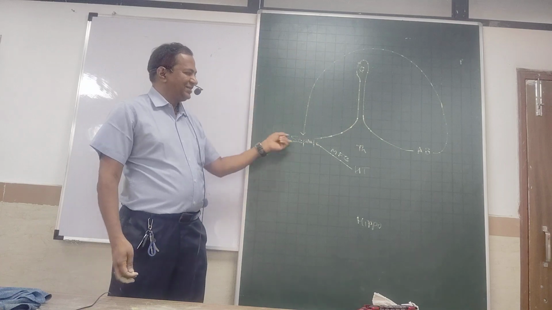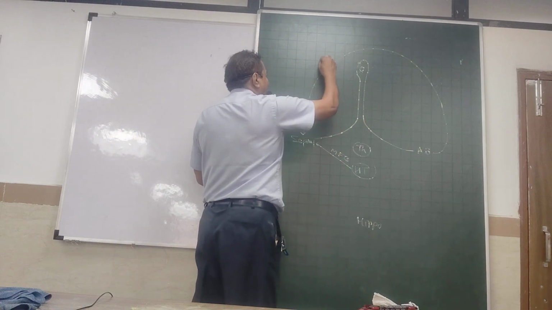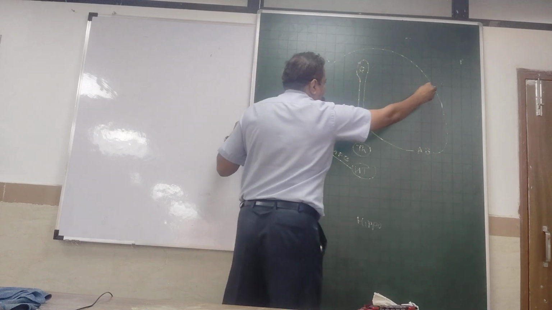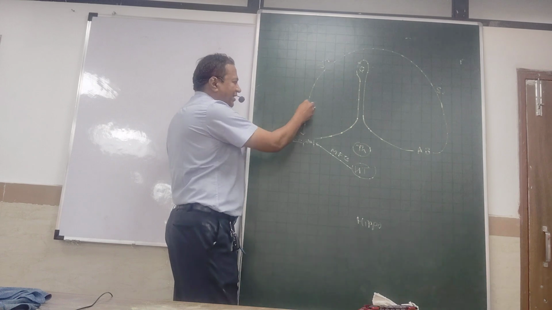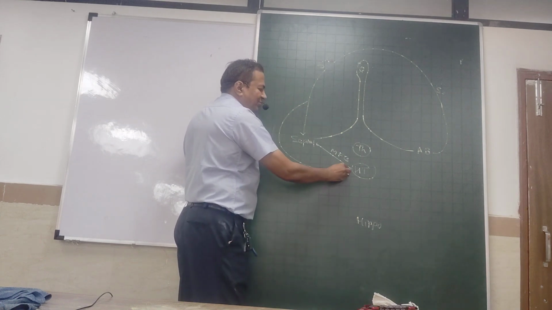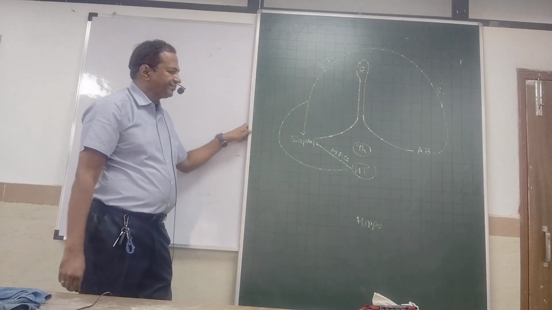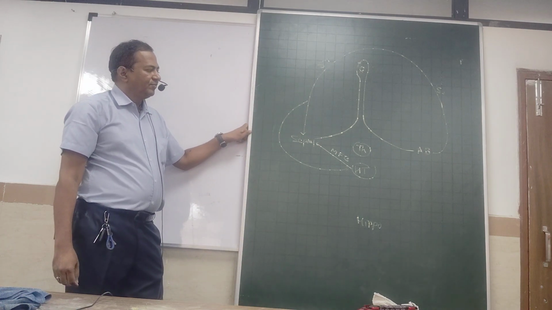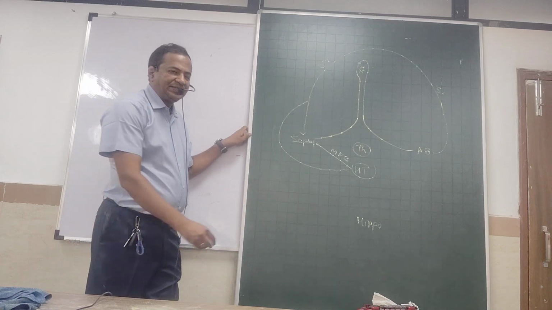What is this? It starts from the amygdaloid body. Stria. It is going here to septal areas. It is going here to even the hypothalamus. Hippocampus.